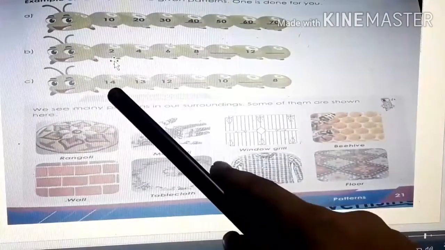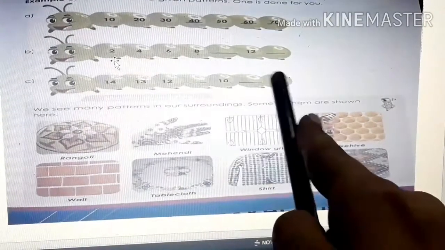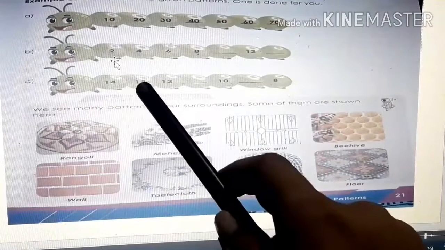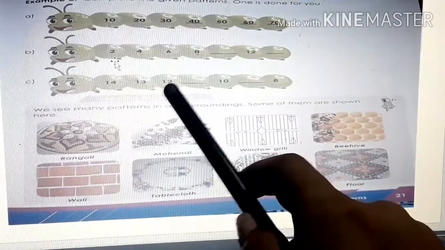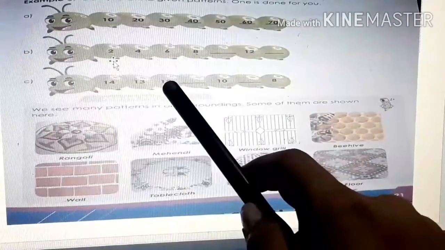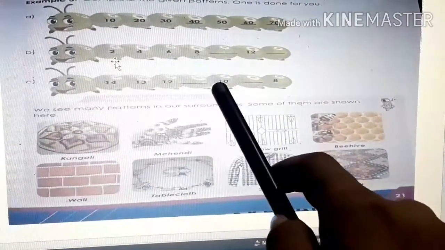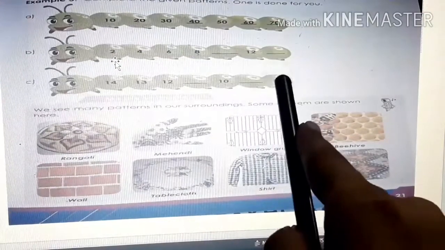Number C, you observe what pattern is followed here. First is 14, 13, 12. This is backward counting, right? 14, 13, 12. So before 12 what will come? 11, 10, 9, 8.